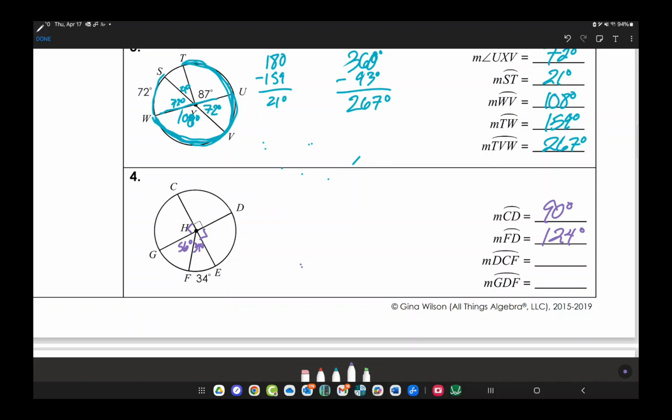BCF is 90 plus 90, which is 180, plus 56, 236. And GDF, all around here, is basically 360 minus 56 degrees, which is 304. There you go.